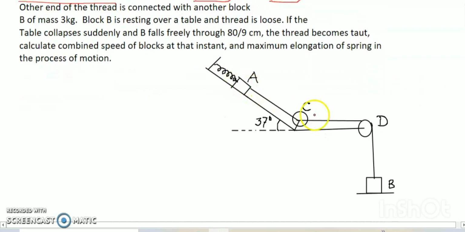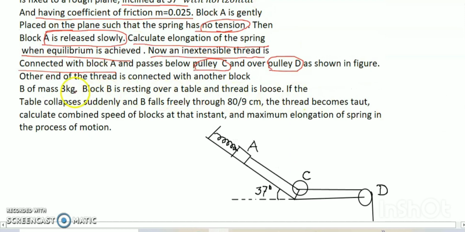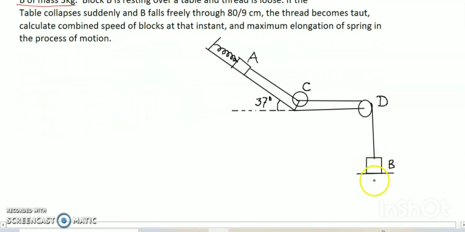This is my A block, C, D, and B block. The other end of the thread is connected to another block, B, of mass 3 kg. This 3 kg is the weight of the block, and the weight of block A I don't know.